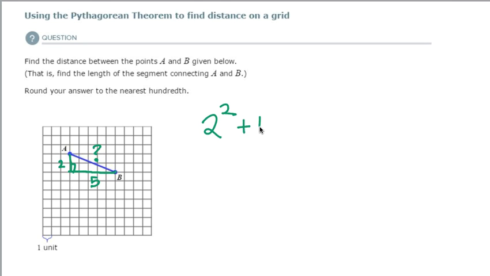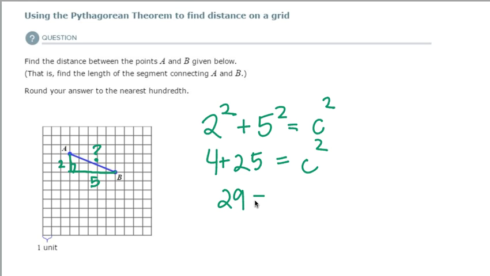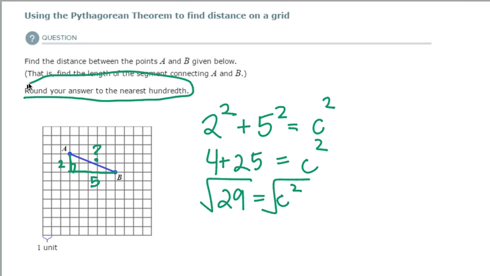A squared plus B squared equals C squared. 4 plus 25 equals C squared. 29 equals C squared. Square root both sides. Check your instructions to see what the rounding situation is. Round to the nearest hundredth.